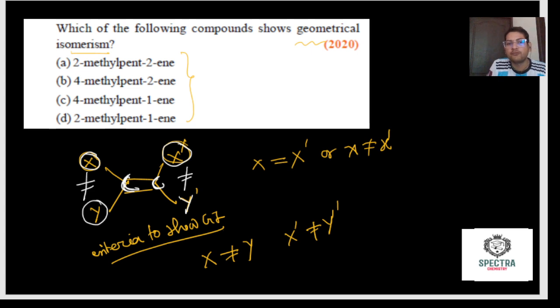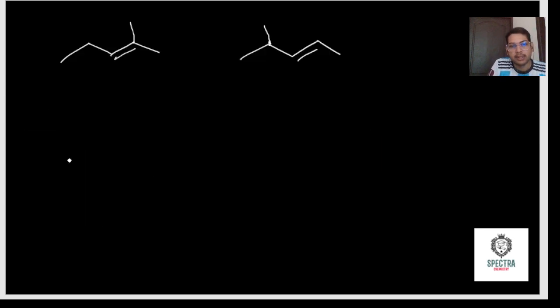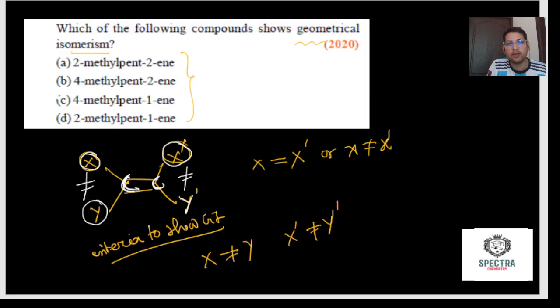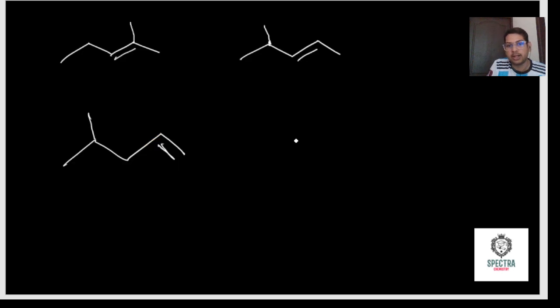Then 4-methylpent-1-ene: 1 2 3 4 5, double bond at position 1, and at 4 position a methyl. And 2-methylpent-1-ene means double bond at 1, and at 2 position you have the methyl.